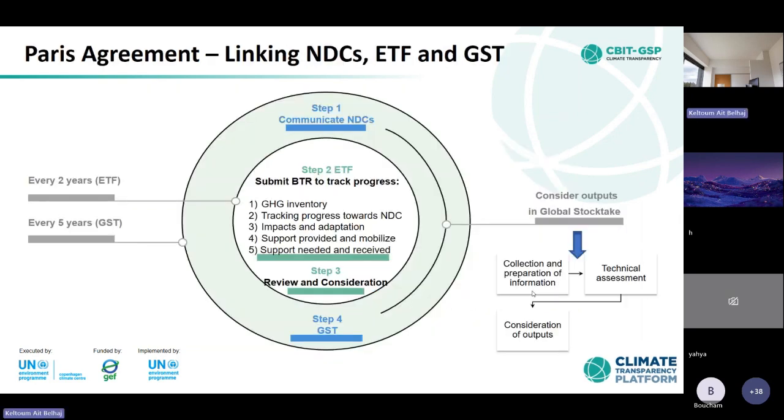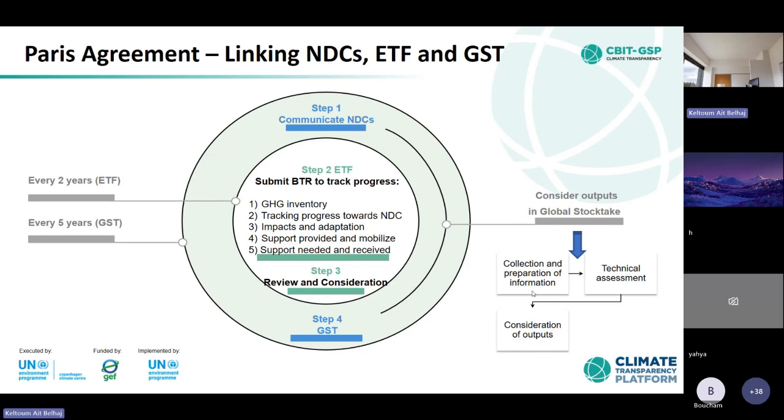So the process follows a clear rhythm, as we can say. After communicating the NDCs, every 2 years, countries report under the ETF the BTR. The BTR shares updates on the national GHG inventory, on the NDC progress, on adaptation efforts, and even the support flows.